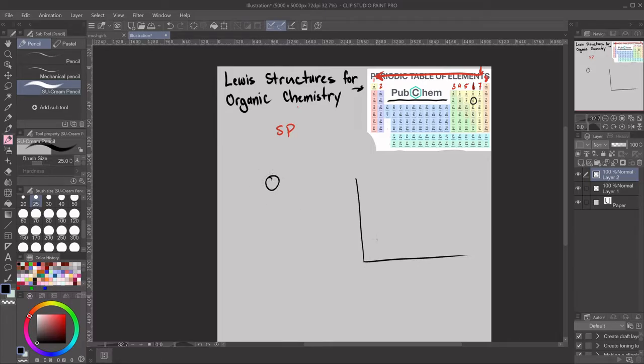So let's say that we have oxygen. So we have S, and we have P, and we have P, and we have P. In its normal state, oxygen will have 1, 2, 3, 4, 5, 6. So the idea here is that let's say that we have our hydrogen here and our hydrogen here, lone pair right here, lone pair right here.